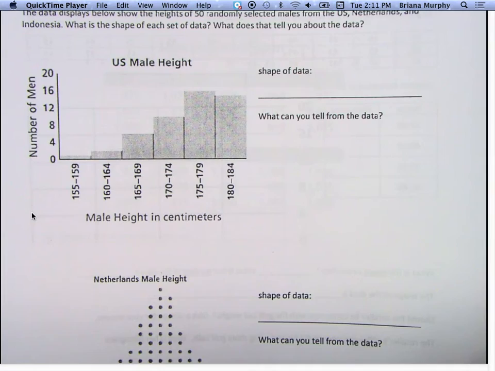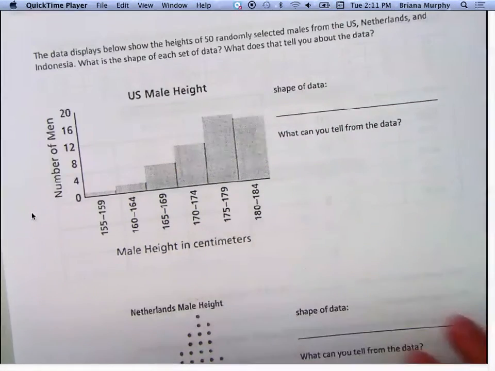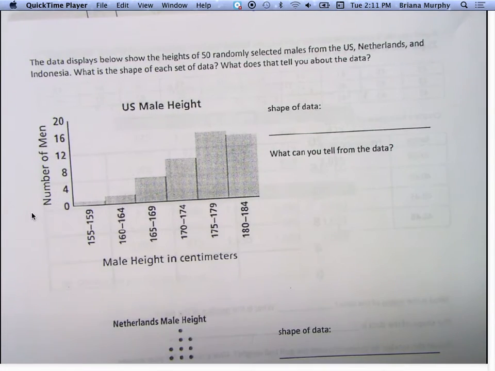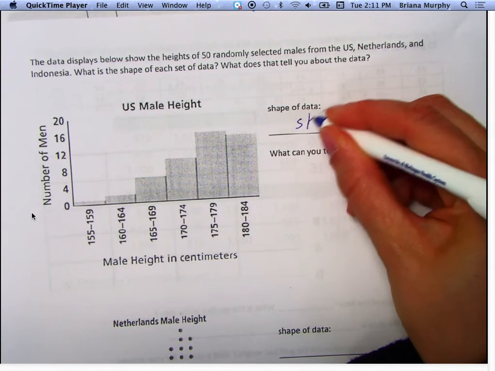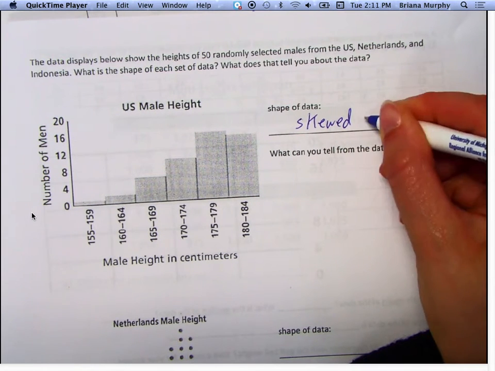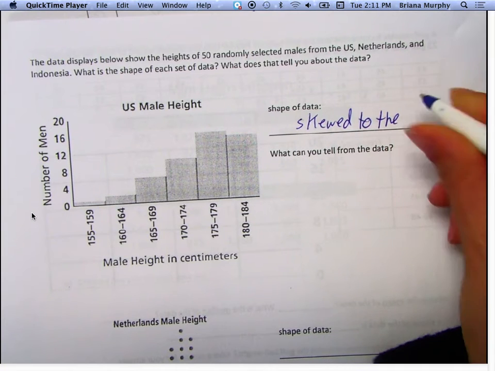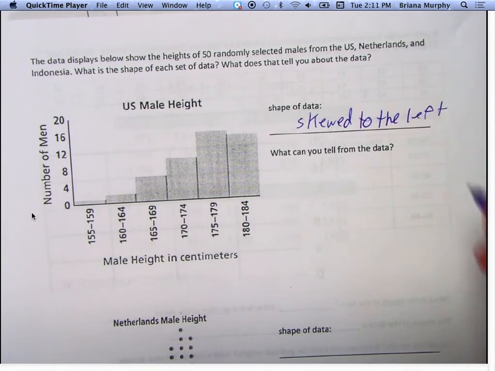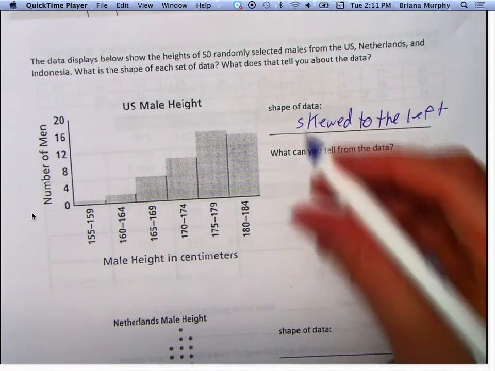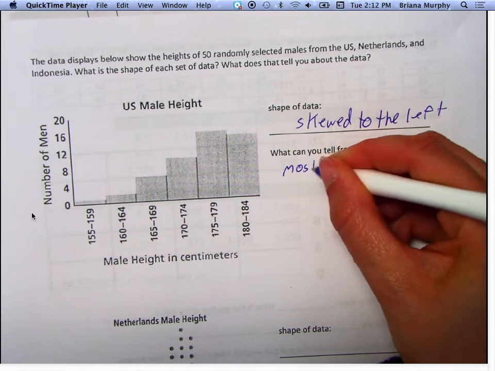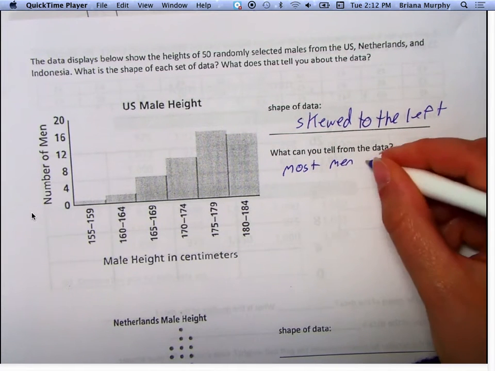Okay. Is this skewed to the right, to the left, or symmetric? Skewed to the left. What can we tell from the data? We can tell that most men are shorter than the median.